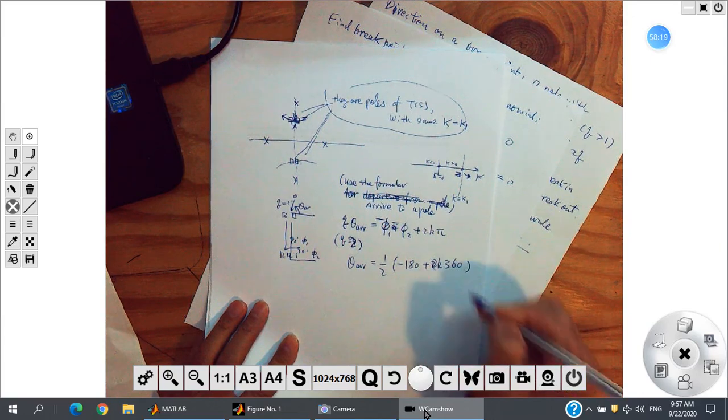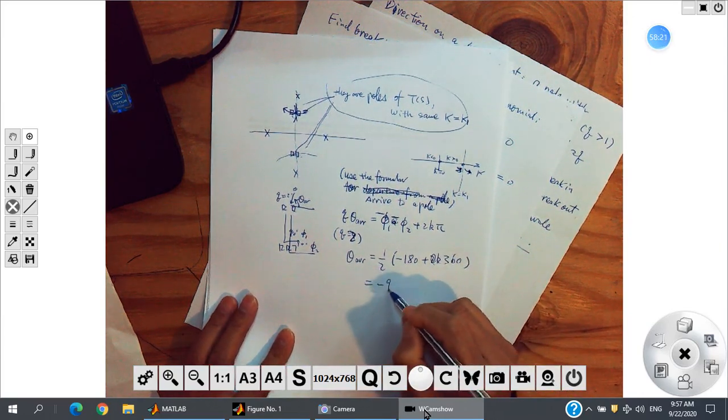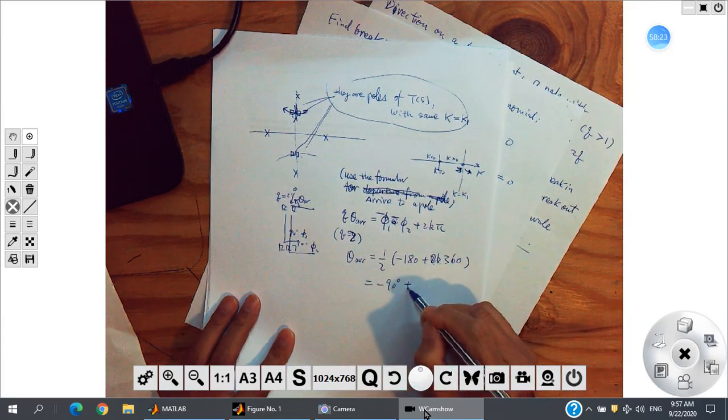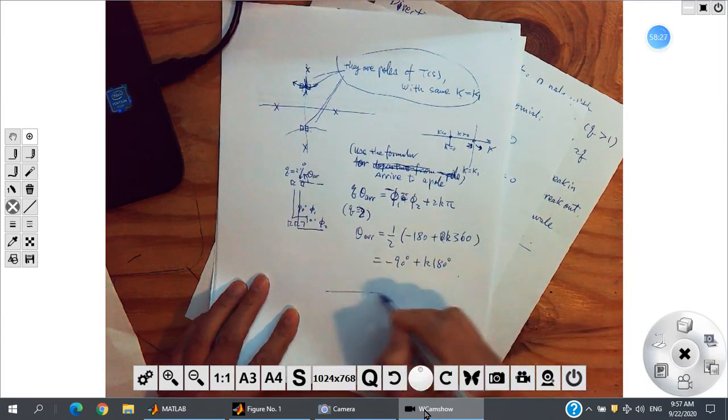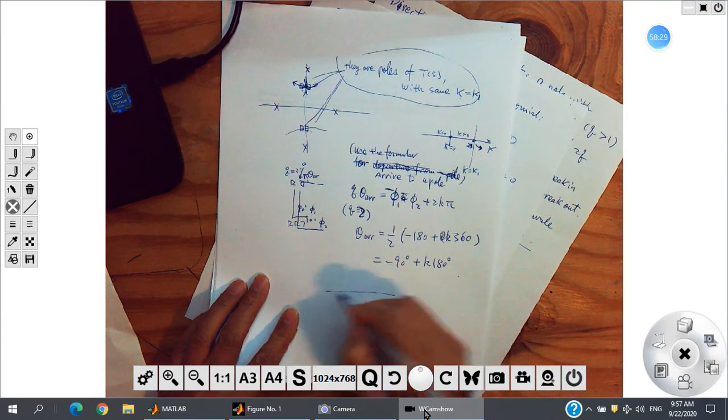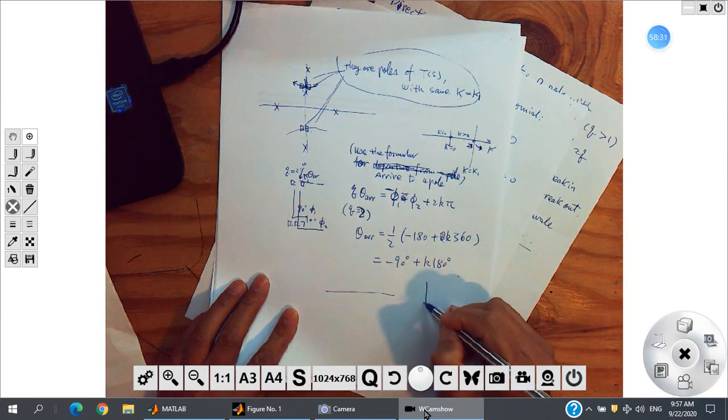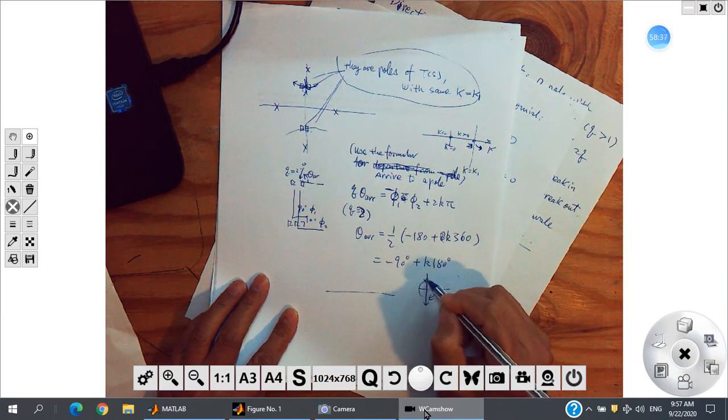Right. So it is negative 90 plus k times 180. So you see, negative 90, and plus 180 will be here. So we have two directions.